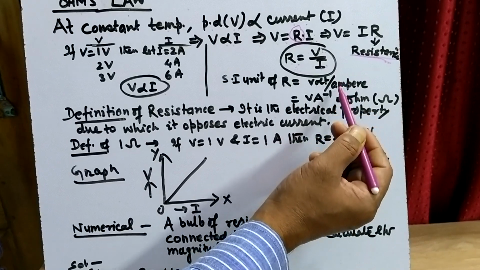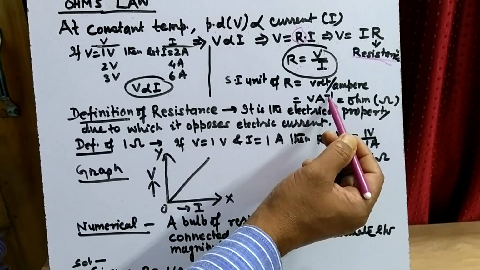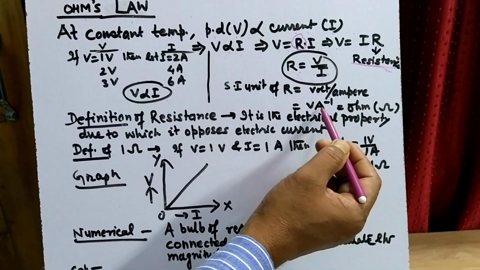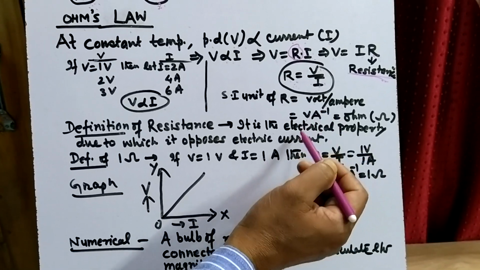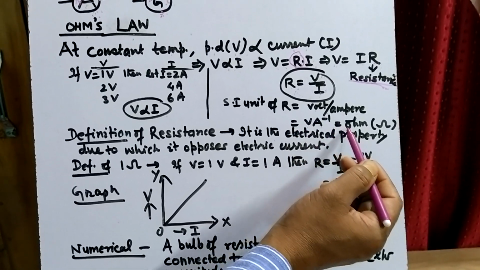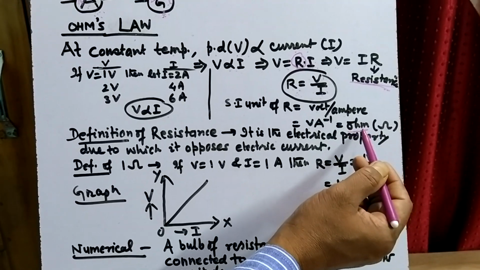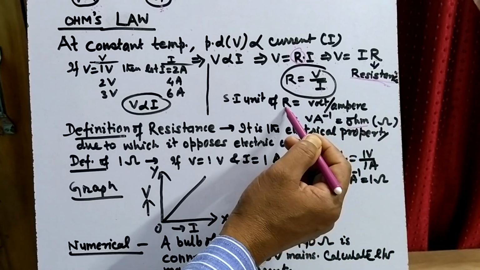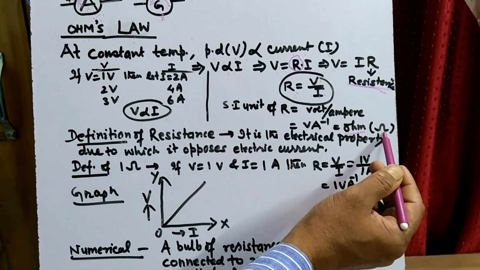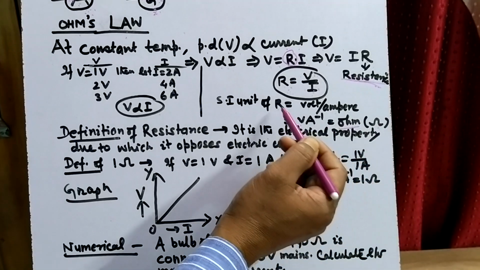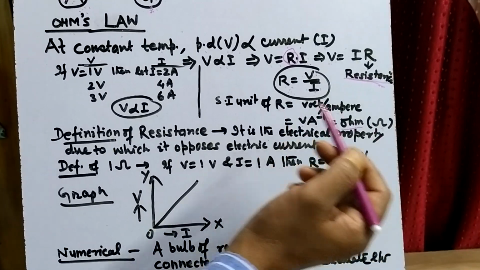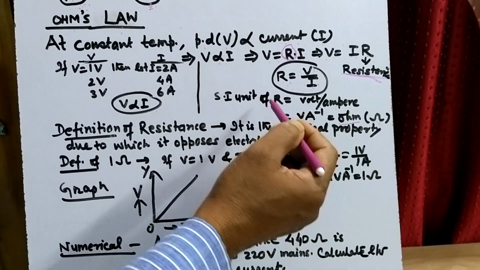Ampere, whenever it goes in the numerator, becomes A to the power minus 1. So V A to the power minus 1, or simply volt per ampere, can be written as ohm. So ohm is the SI unit of resistance, and this is the symbol of ohm. This symbol is exclusively used for ohm, the unit of resistance.